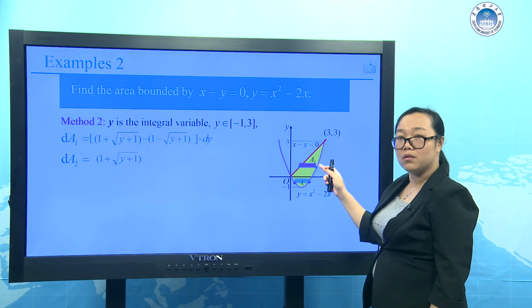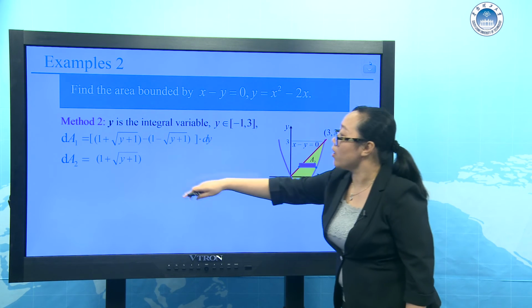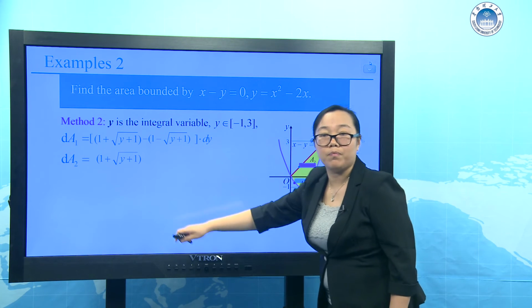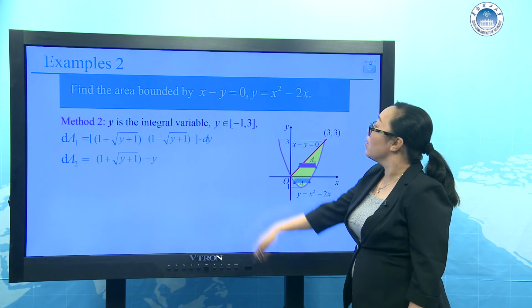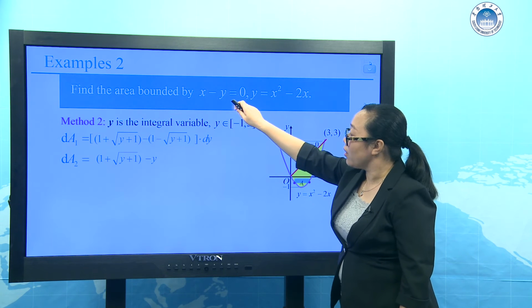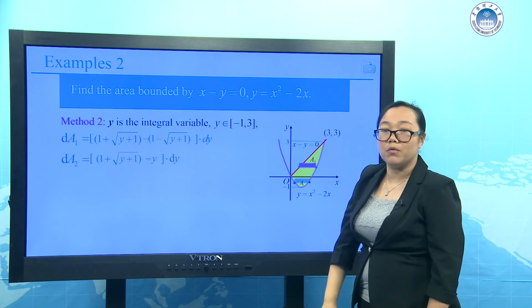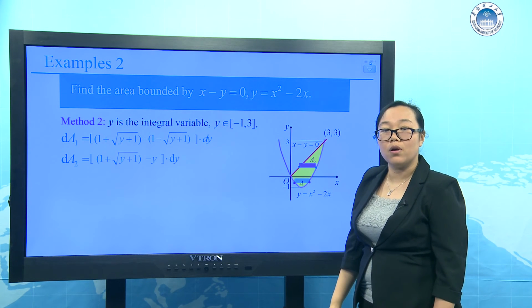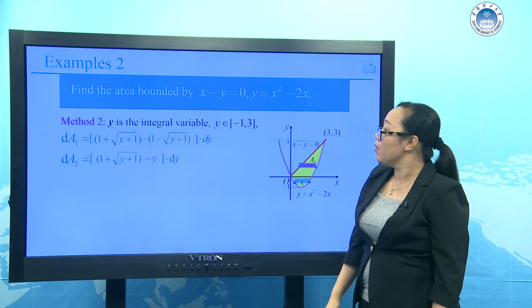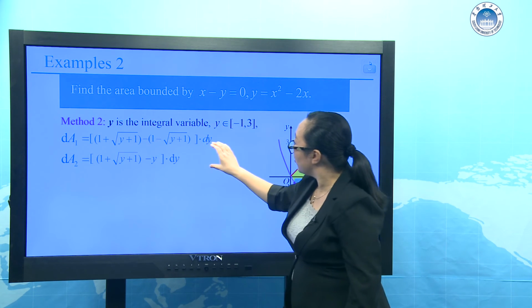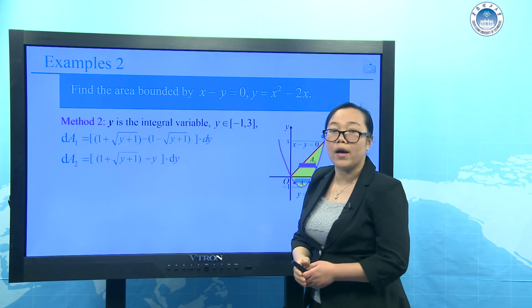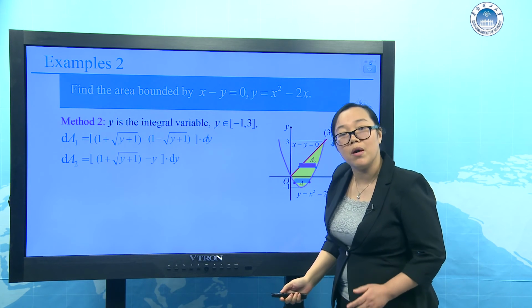Yes, x equals 1 plus the square root of y plus 1. The left point equals y. This x equals y, bracket times dy. y is our integral variable. Pay attention to dA1 and dA2. Write this formula. Only consider y. Don't say anything about x.